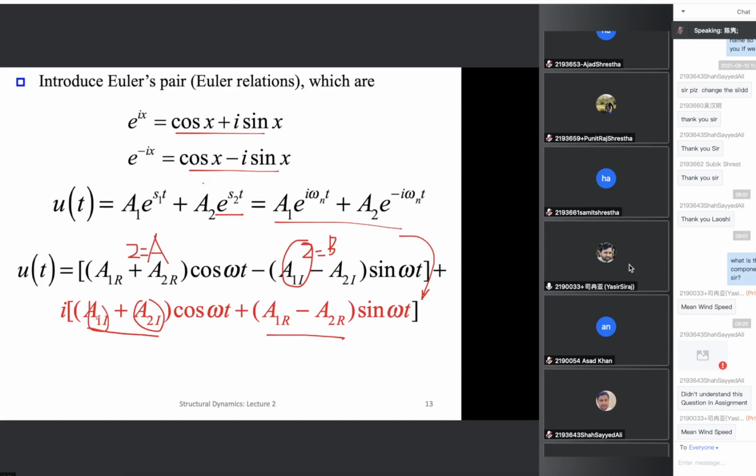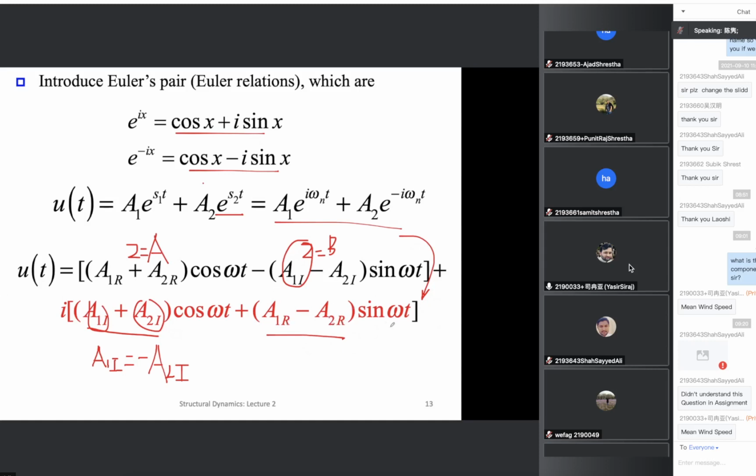coefficient of this cosine part to be 0, which means A1i equals minus A2i, so these two are the same with the minus sign. Then this part becomes 0, and A1r should equal A2r, and this part becomes 0.